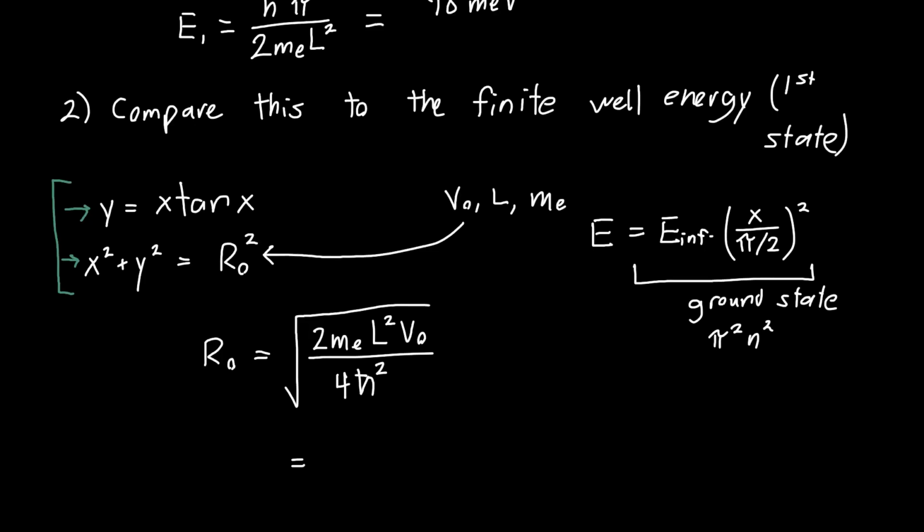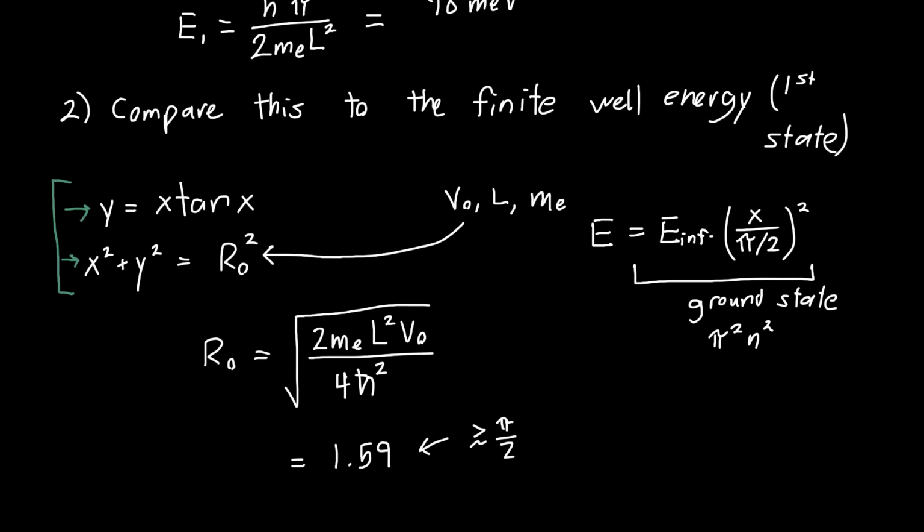If you plug in all the numbers, you'll get that r naught is about equal to 1.59. This is the radius of the circle. And this is just a little bit greater than pi over 2, which means that we're going to have not just the ground state, but also the second state available for our system.